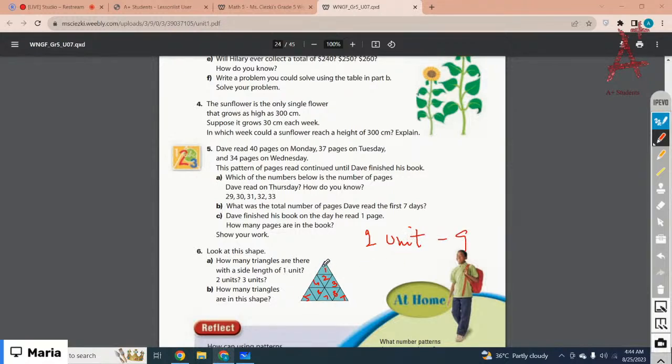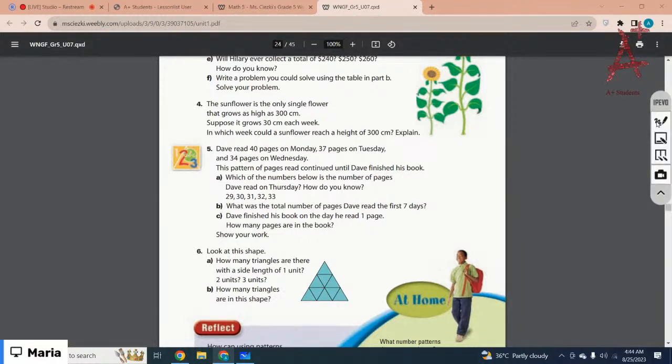With 2 units, now you have to see the bigger one, right? 2 units means the one that covers 2 triangles by length and 2 triangles by width, right?